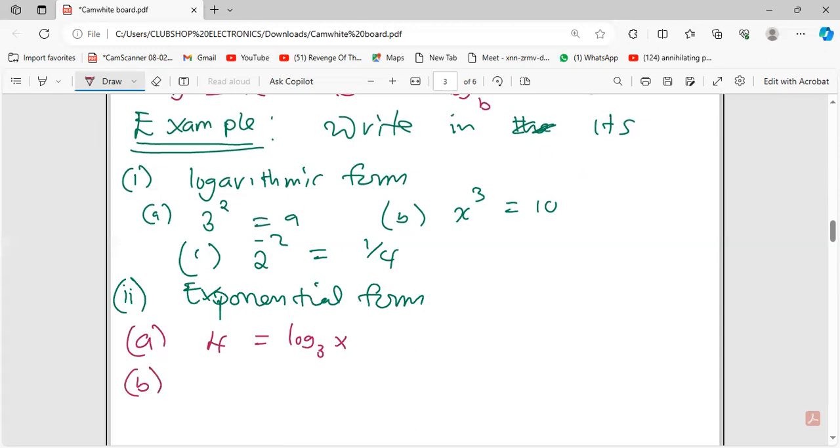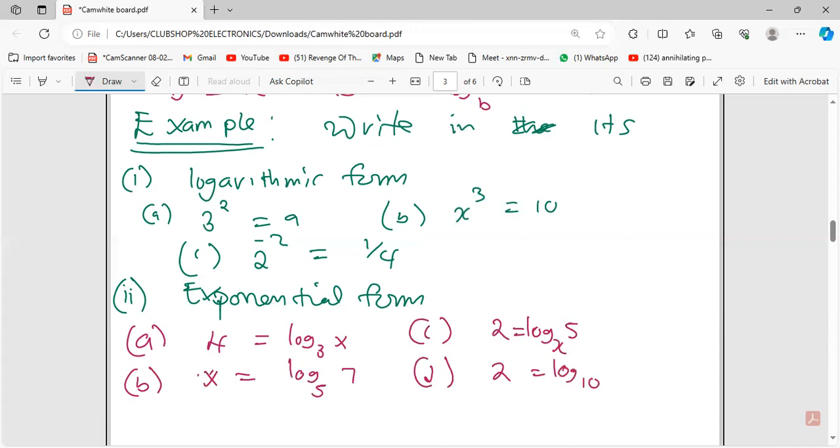B, x is equal to log 5 of 7. And C, 2 is equal to log x of 5. D, 2 is equal to log 10 of x plus 5.